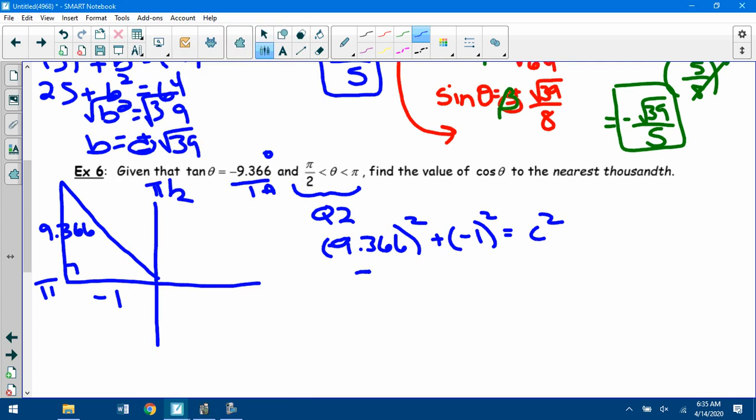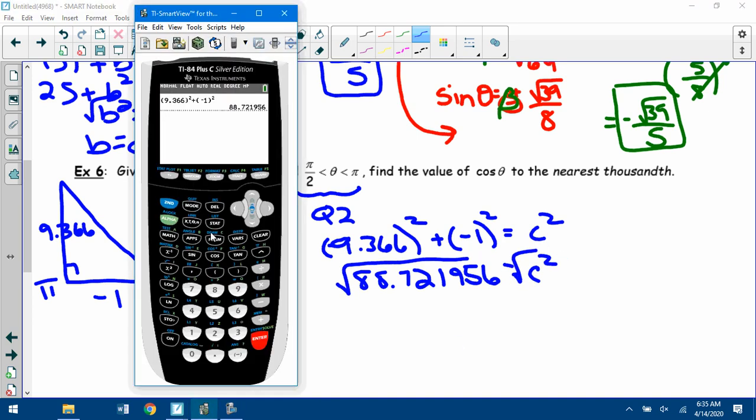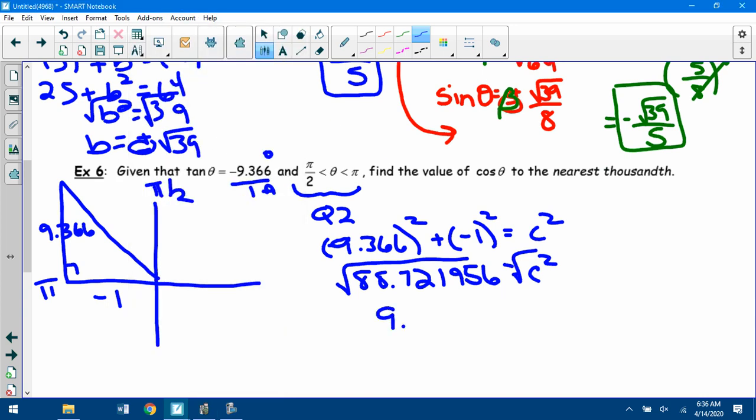That's equal to 88.721956 equals c squared. Take your square root. Square root of that. 9 point, nearest thousandth, so 9.419 equals c, plus or minus though, but since it's the hypotenuse, it's definitely plus, so 9.419.